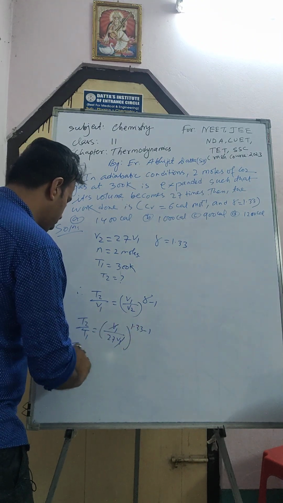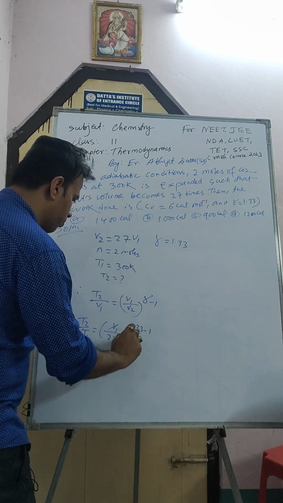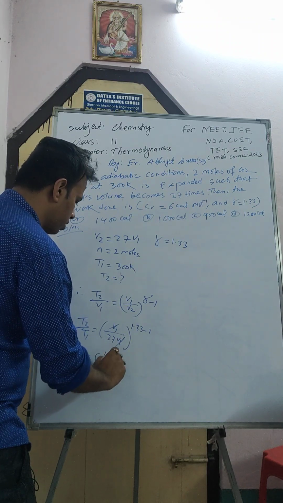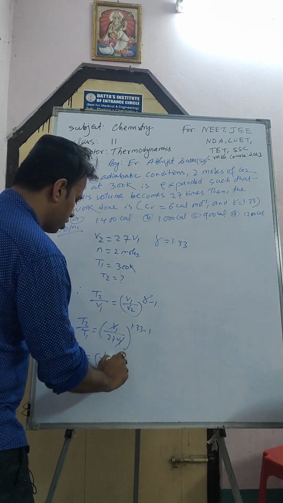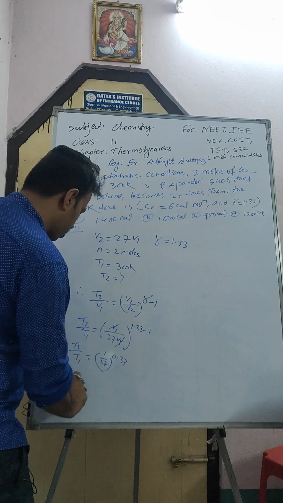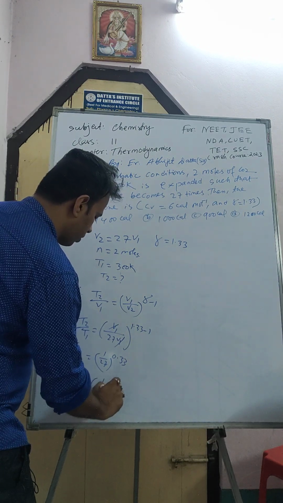So T2 by T1 is equal to 1 by 27 to the power 1 by 3.